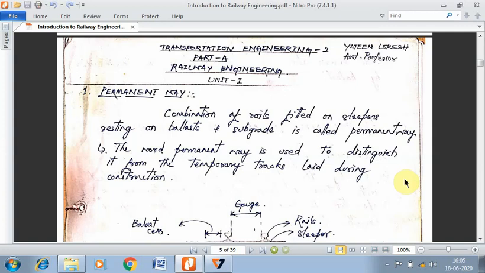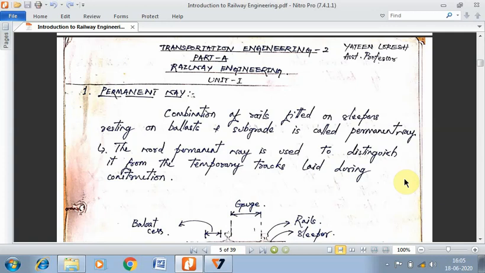A temporary way is different from a permanent way in that it is temporarily constructed just to finish the construction of a permanent way, and it would be used to transport the construction goods to the site where the construction is going on.